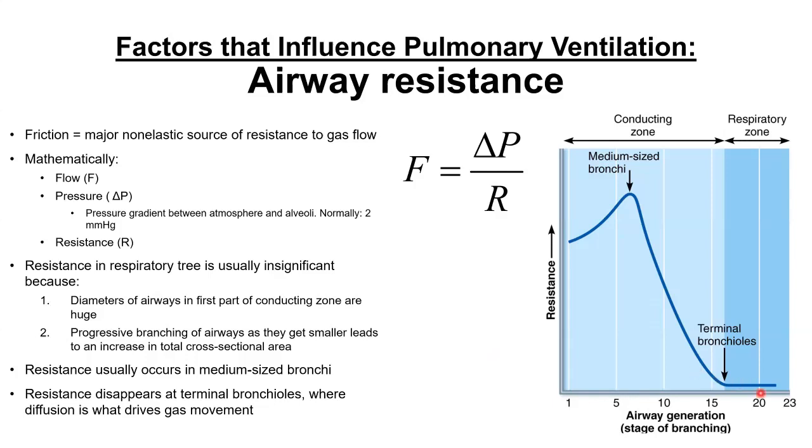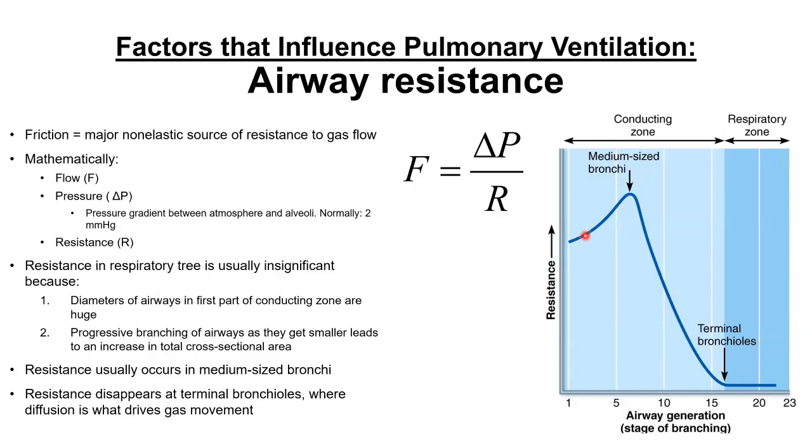Now, there is some resistance in medium-sized bronchi, as you can see here, but for the most part, airway resistance doesn't play a huge factor in pulmonary ventilation. This could change if, for example, you had an obstruction in one of your bronchi or bronchioles.